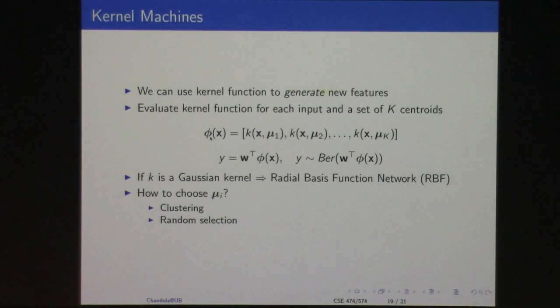Think about it this way: if you had x, which is not a traditional vector, let's say x are strings. You are given this bunch of strings. You can take a few strings that you think are representative, maybe some expert gives them to you, or maybe you run some clustering to get them. Now you can take these strings and a kernel function and apply it to every training string.